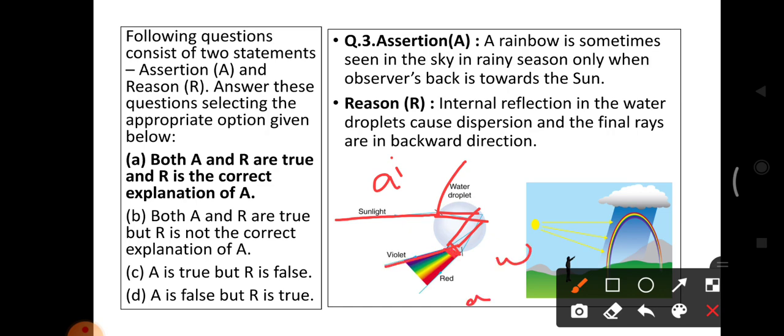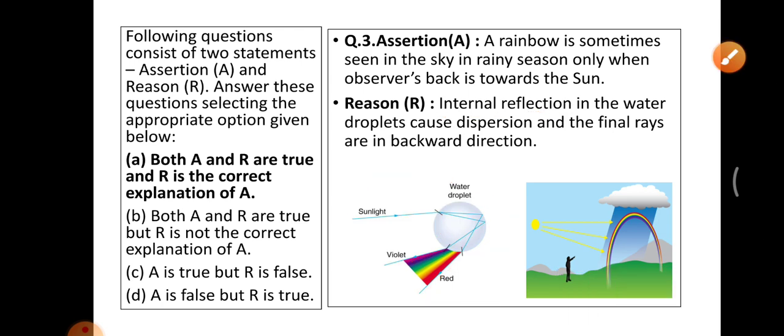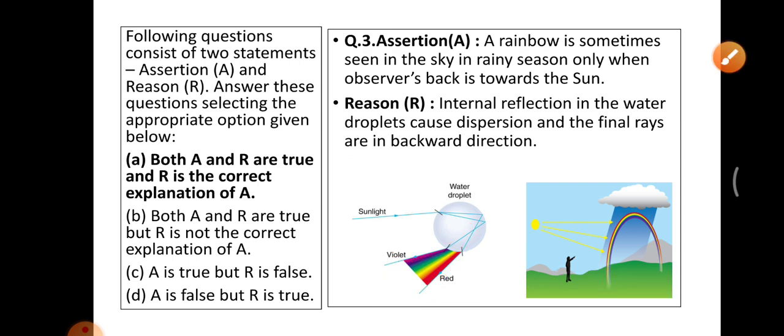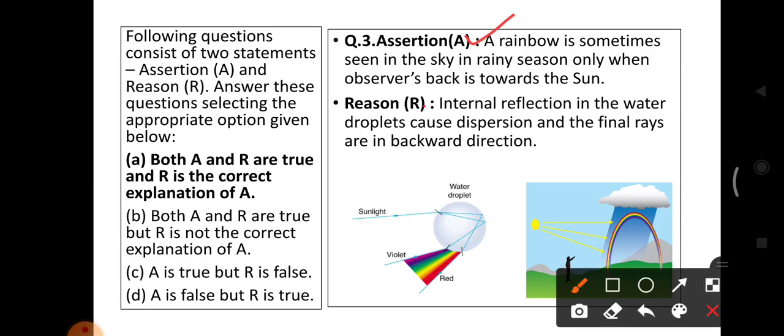It undergoes refraction, and it is dispersed into 7 colors. Due to the internal reflection in the water droplet, dispersion is caused, and the final rays are in the backward direction. So option A: the assertion and reason are true, and R is the correct explanation of A. This is the correct answer.